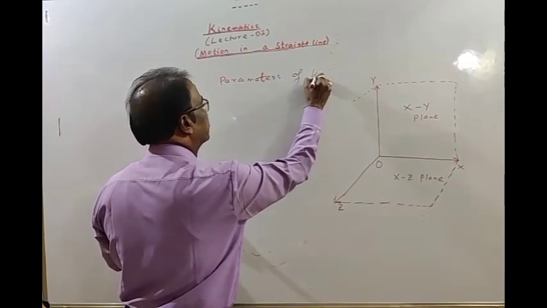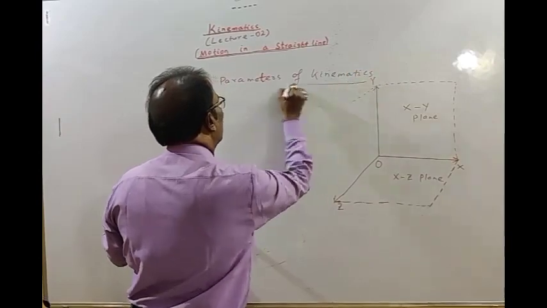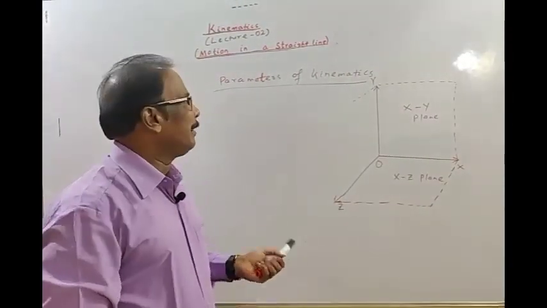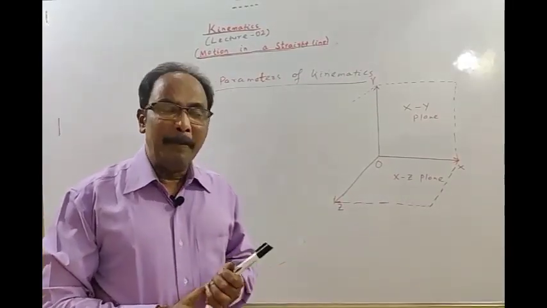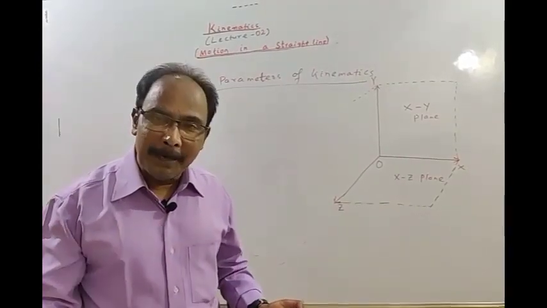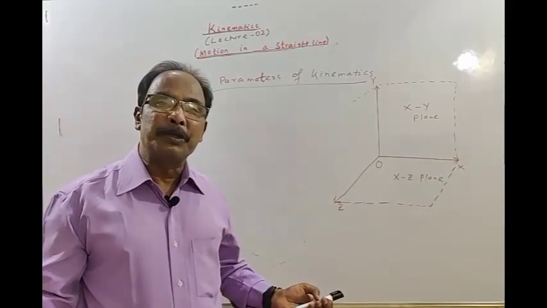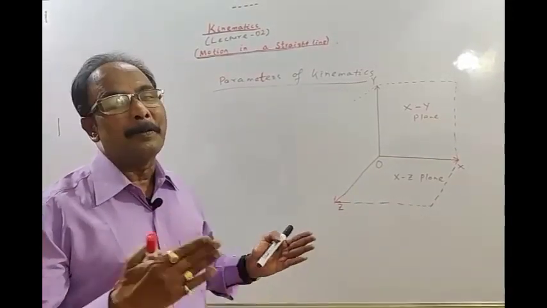Parameters of kinematics are also called variables in kinematics. Kinematics deals with motion. To express motion, we need these terms, parameters or variables.